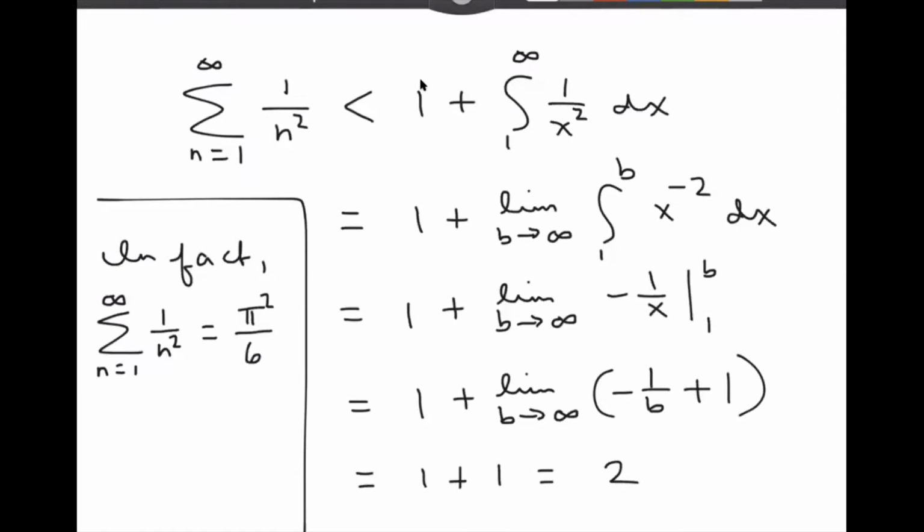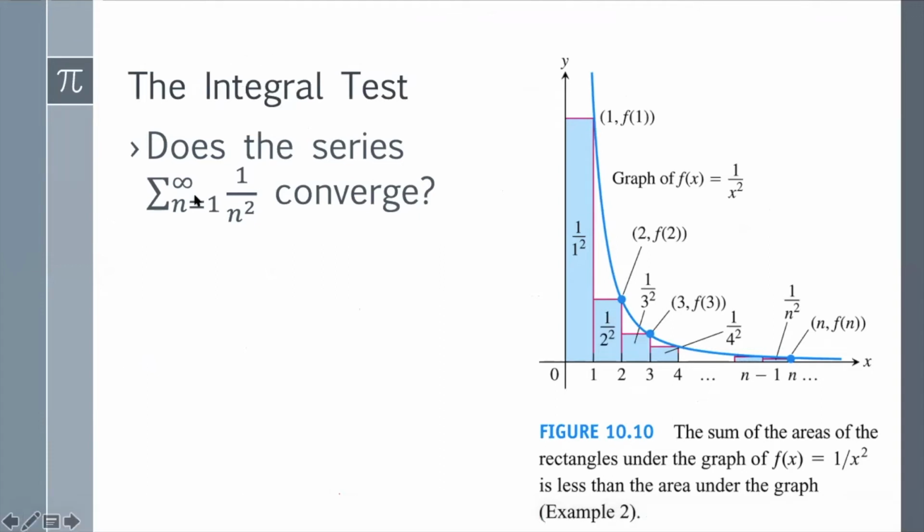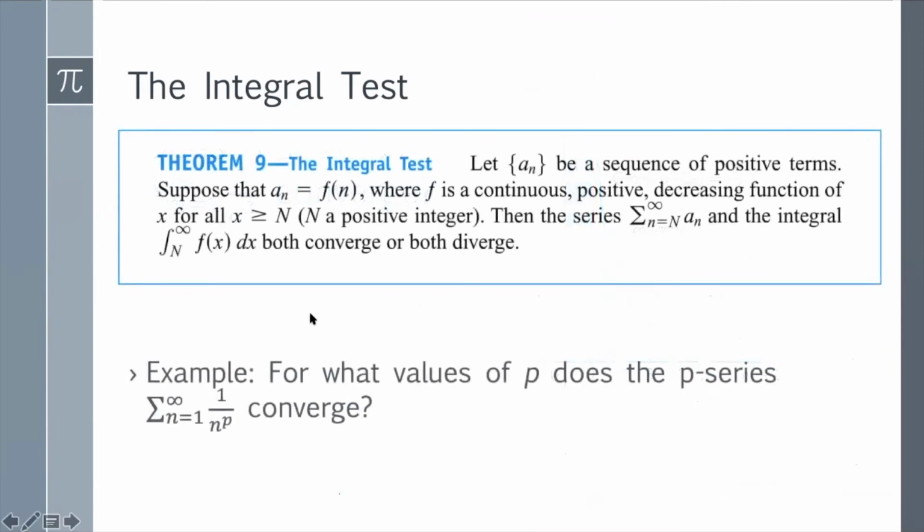Okay. All right. So a couple of things we accomplished with that example. Number one, we showed that this series converges. And number two, it suggests how the integral test is going to work. All right. So here it is.